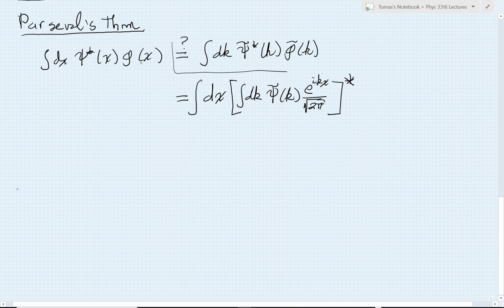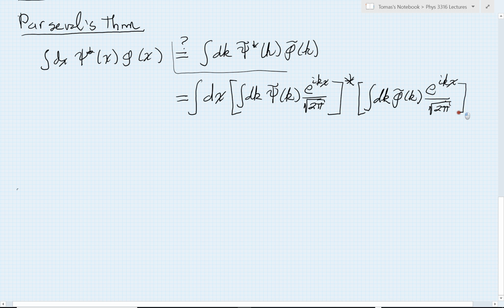I also have to include phi of x. So let me put another bracket for that. Phi of x, it's the same thing. Integrate over all possible wave vectors, the corresponding momentum representation for the function, times once again the pure state of momentum, which needs to be properly normalized by my definitions of these quantities.